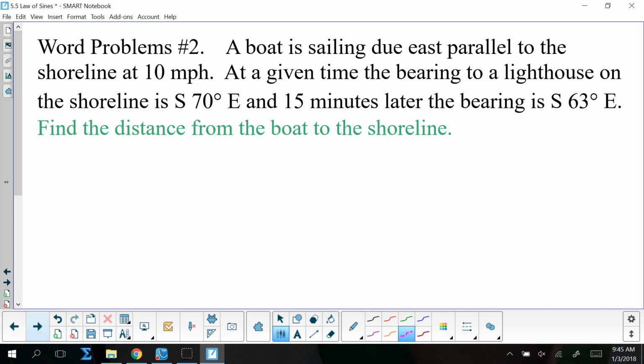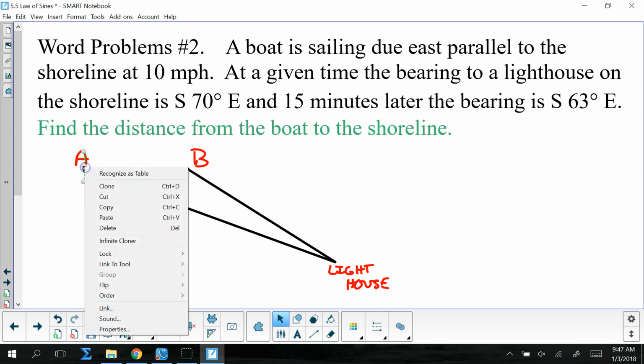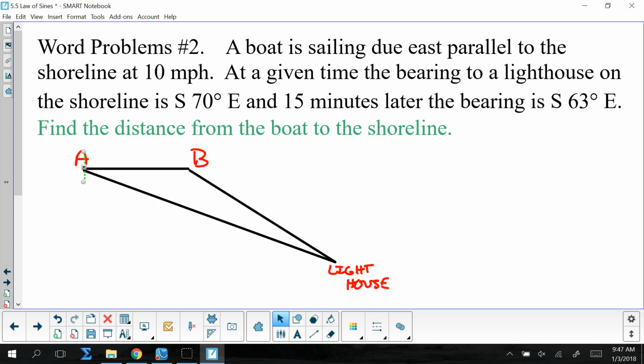Try number 2. So a boat is sailing due east parallel to the shoreline at 10 miles an hour. At a given time, the bearing to the lighthouse on the shoreline is south 70 degrees east. So I should have also put this one over here. And then I think I can paste a new one.